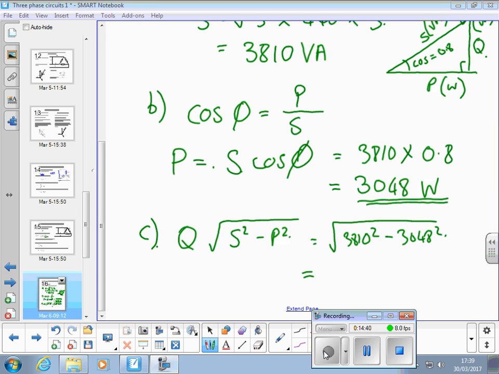What did we get for that? 2286, and the units are VAR, volt amps reactive.